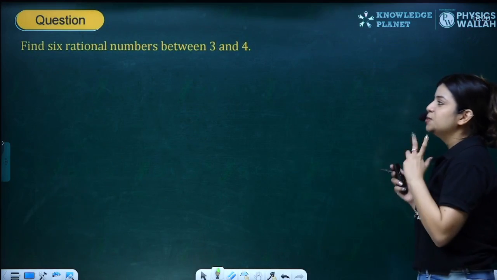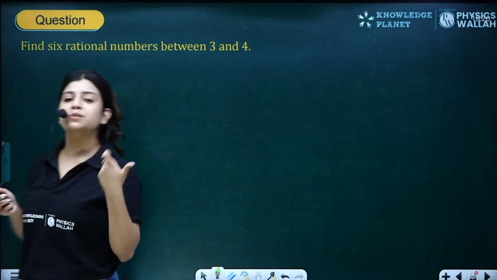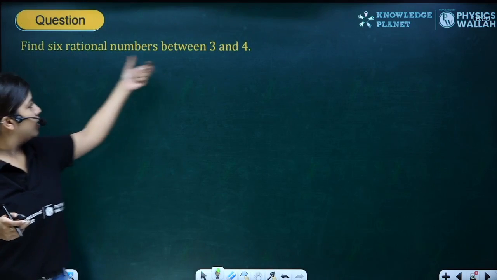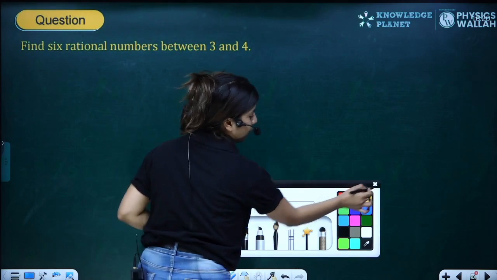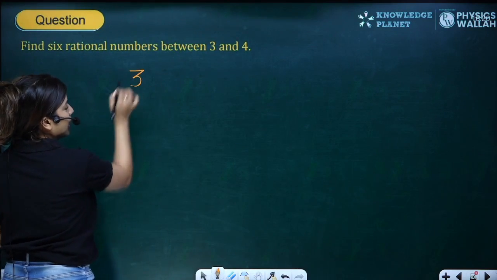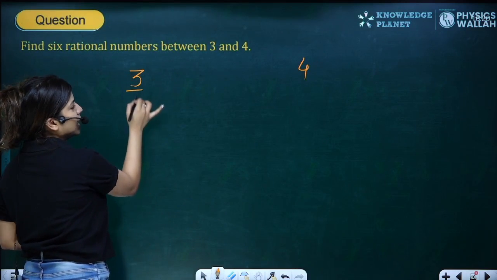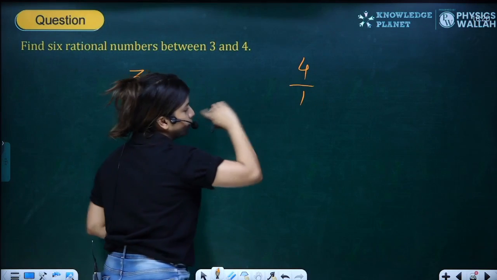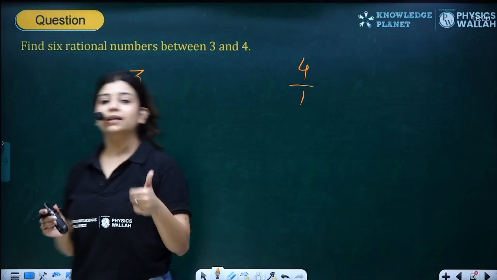Alright, let's move forward to the next question. The next type of question is to calculate rational numbers between two given numbers. How do we do such questions? We have one number as 3 and the other number as 4. First of all, I can write 3 as 3 by 1 and 4 as 4 by 1. Simply, the very first step is to multiply.